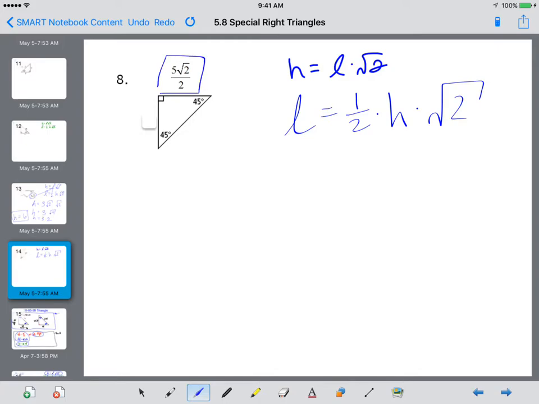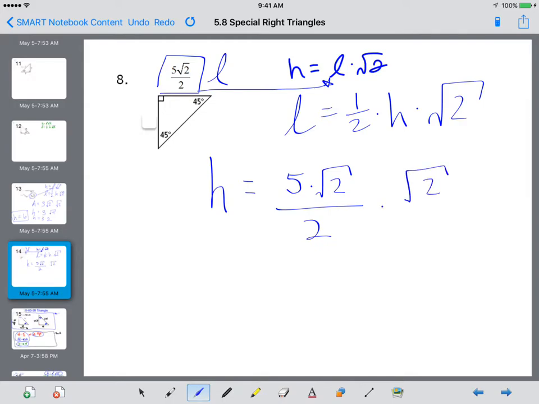So I will do it with you. We have 5 square root of 2 divided by 2. That represents the leg. We're trying to find the hypotenuse. So we need to plug this whole thing in for L. So we have 5 times the square root of 2 divided by 2 times square root of 2.